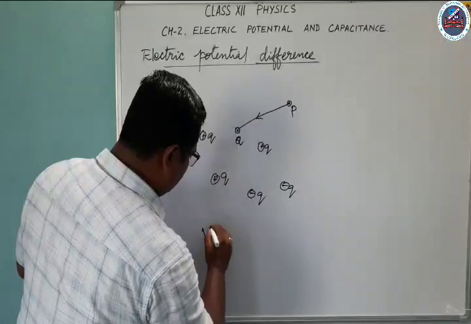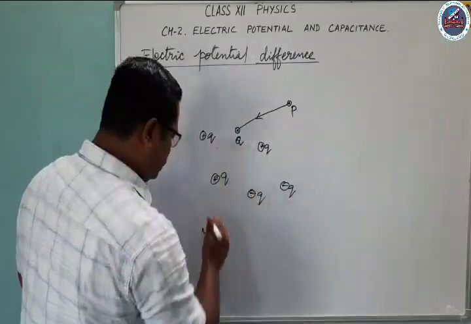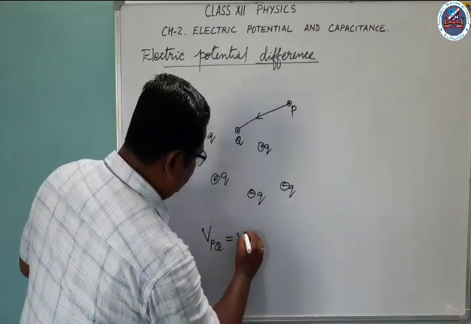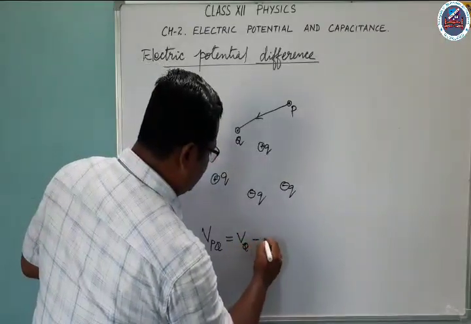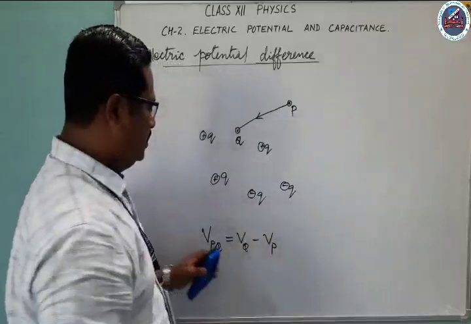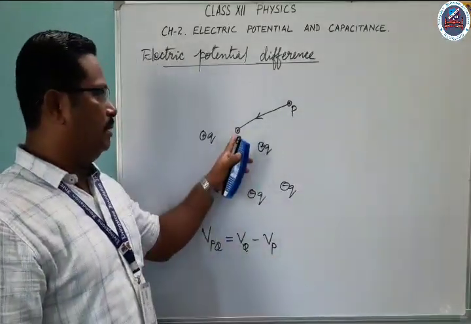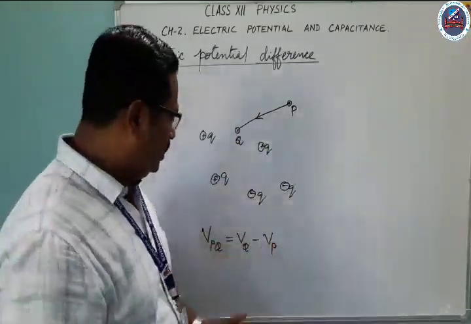We write it as V, and suppose we are bringing it from P to Q, then the potential difference from P to Q is the final potential, that is at Q, minus the initial potential, that is at P. It is the difference between the potentials at two points, final position and initial position.